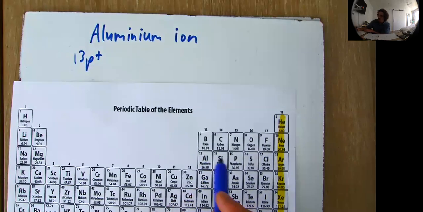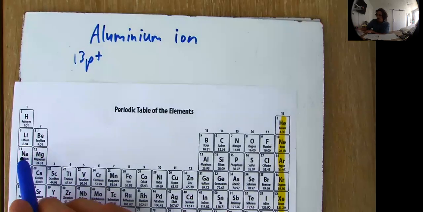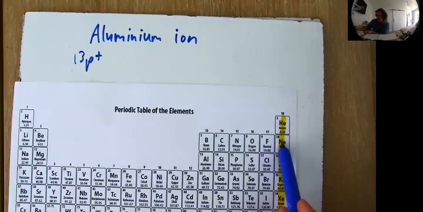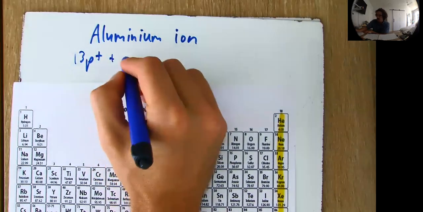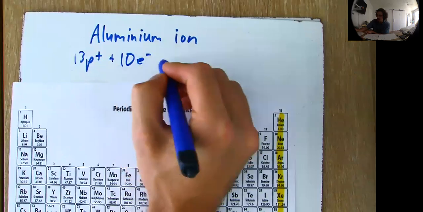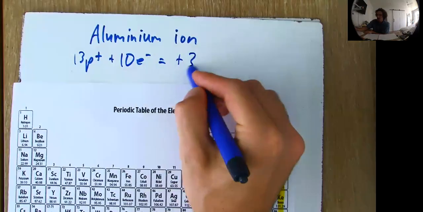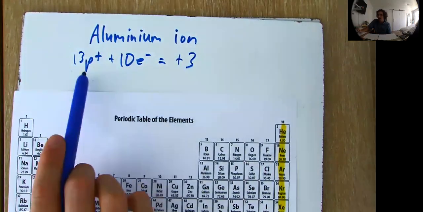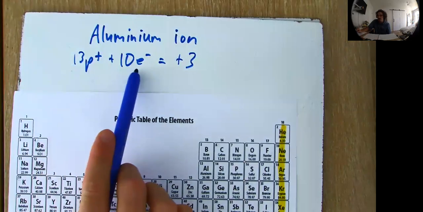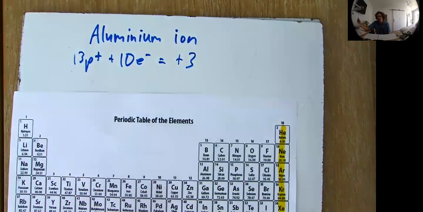So we know that aluminum will lose the 13th, 12th, and 11th electron to have 10 electrons, like the closest noble gas to aluminum. So that means there's 10 electrons, and the charge on aluminum is going to be a +3 charge. Why? Because the protons are winning, they're winning by 3. The positive protons are winning, there's 3 more than the negative electrons.